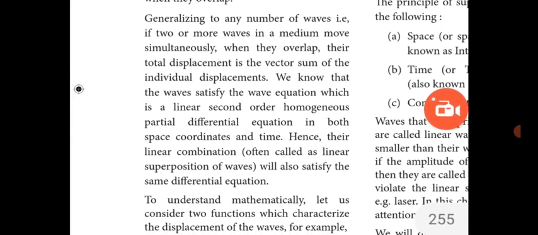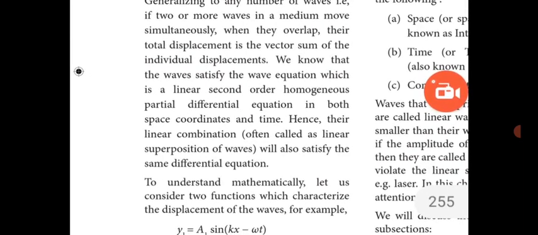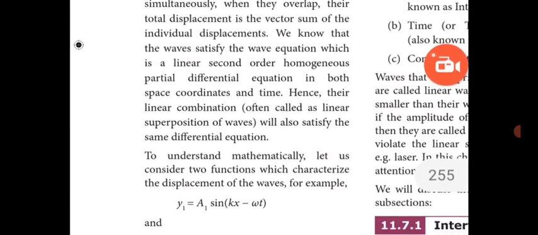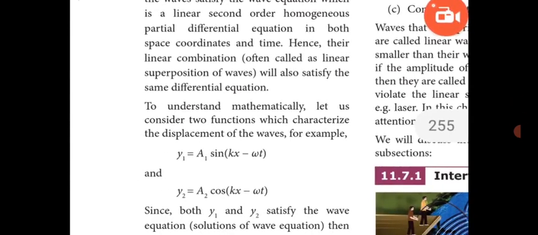We know that the wave satisfies the wave equation, which is a linear, second-order, homogeneous partial differential equation in both the space coordinates and time. So their linear combination, often called the linear superposition of waves, will also satisfy the same differential equation.